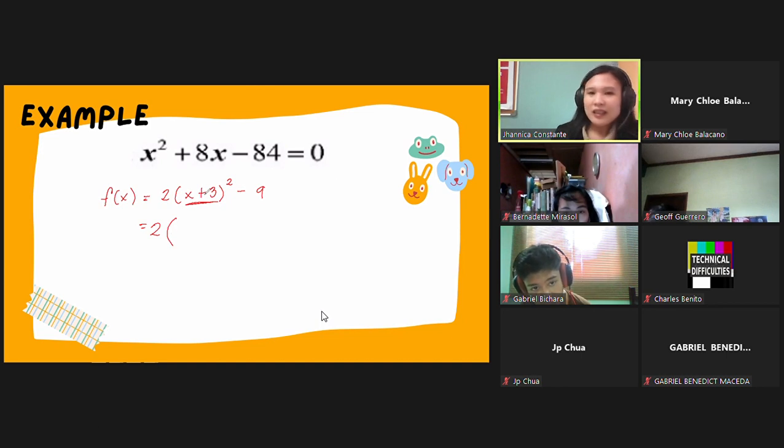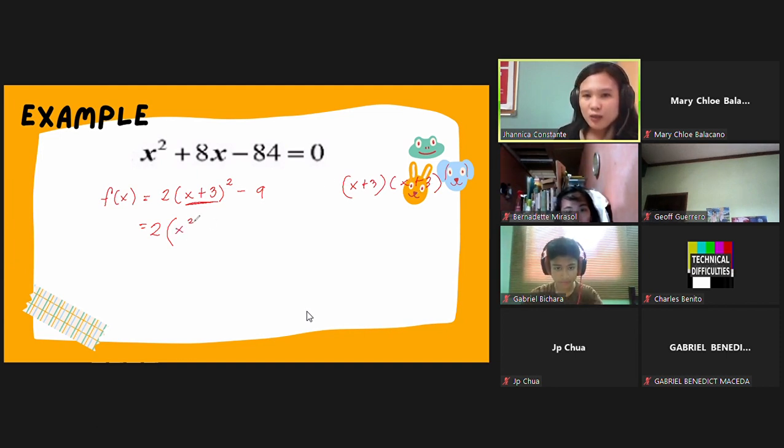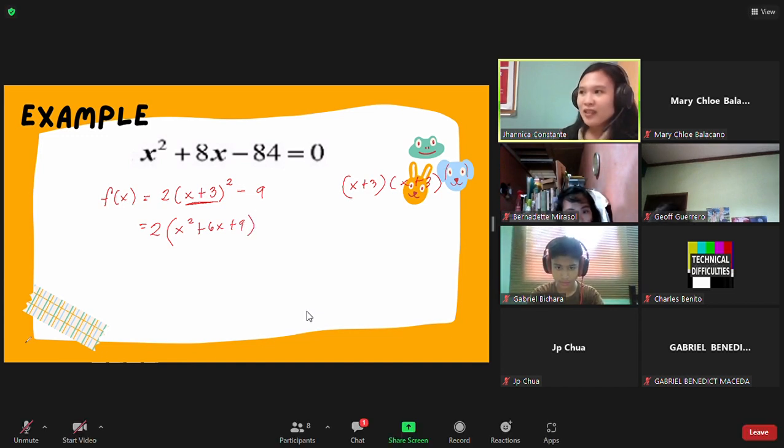That means you multiply x plus 3 times x plus 3, and the product, using the FOIL method, is x squared plus 6x plus 9.